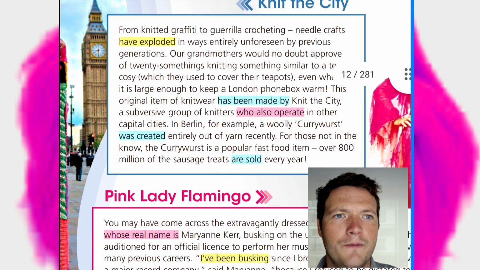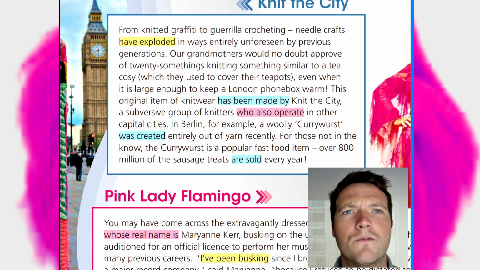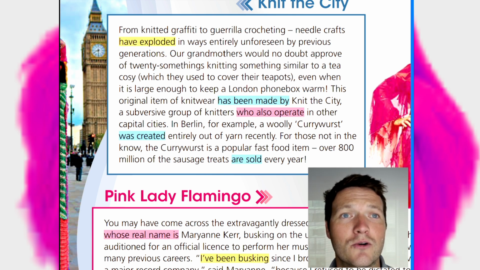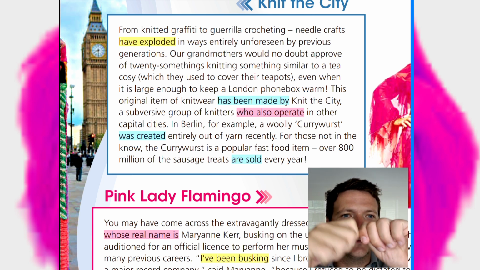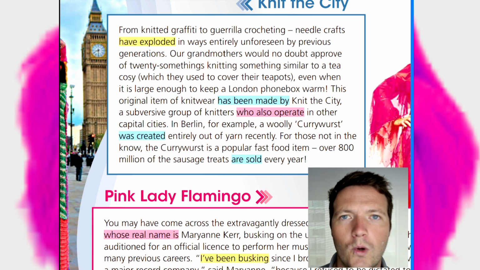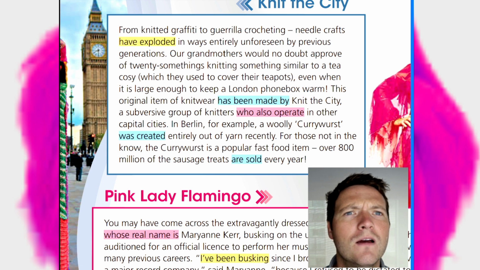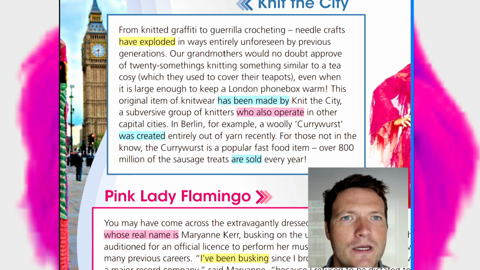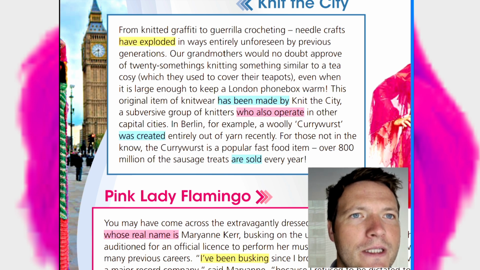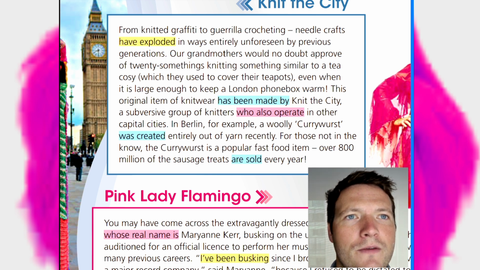So it says, from knitted graffiti to guerrilla crocheting, so some knitting terms there, knitting as in making clothes with wool, to guerrilla crocheting, needle crafts have exploded in ways entirely unforeseen by previous generations.